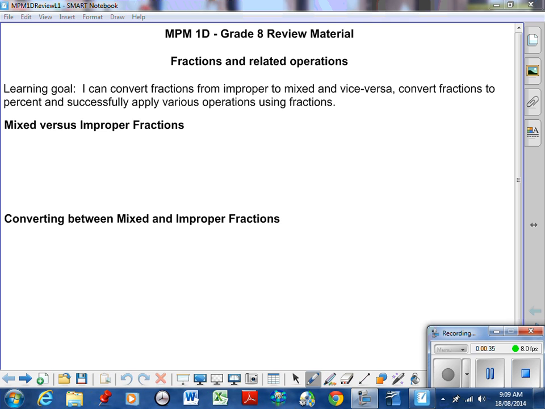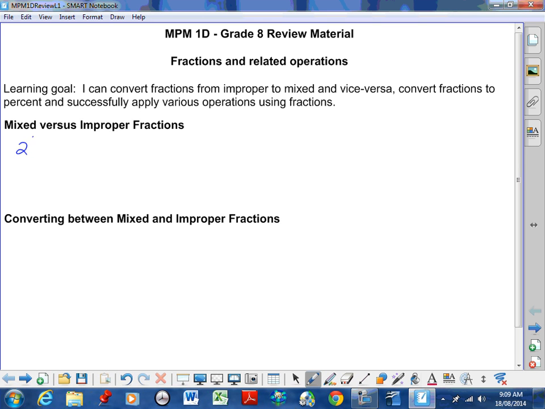Your mixed fraction would look something like 2 2/3, and the equivalent in an improper fraction would be 8/3. In an improper fraction, the numerator is greater than the denominator.